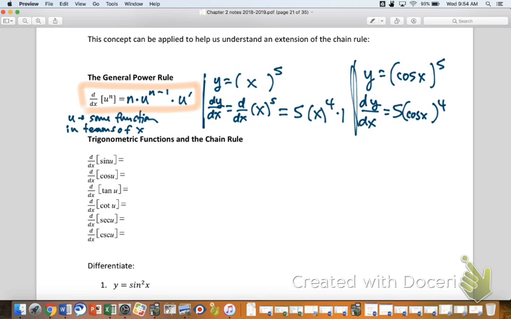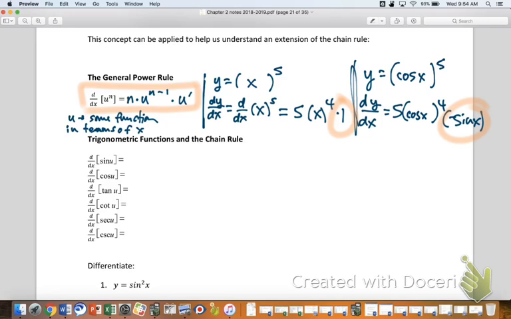It's negative sine x. So I would call the things that I'm highlighting in orange the chain rule factor, right? It's simply multiplying by the derivative of the inside. And when the inside is an x, then the chain rule factor is just a 1, so it's no big deal. We don't really need to write it. But if the derivative of the inside is something other than 1, you have to write it, don't you?